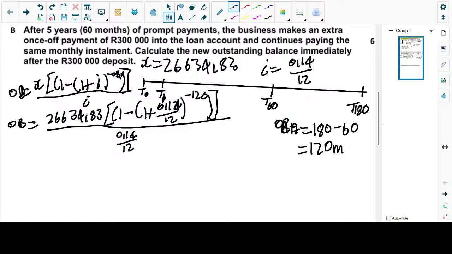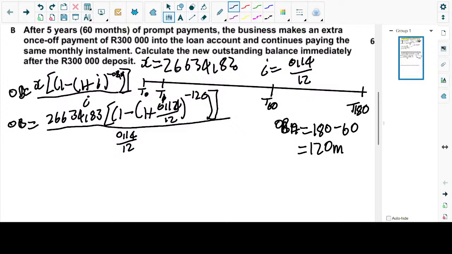Close the bracket, to the power negative 120. Then go back down, close the bracket, close the other bracket, all over a fraction of 0.14 all over 12. Our OBn is going to be 1,714,727.42.